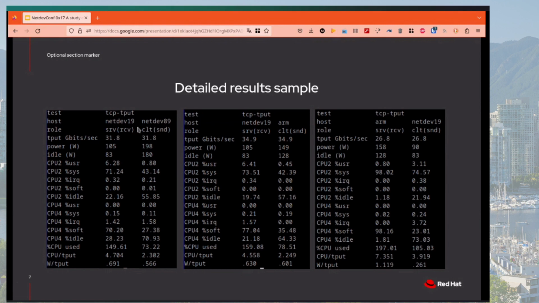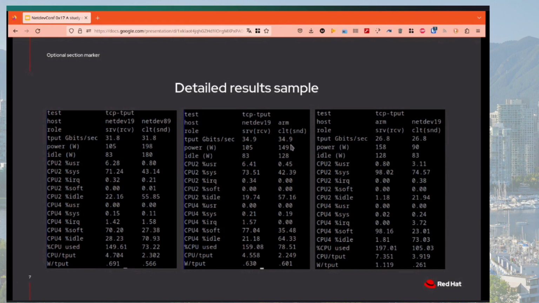Now, if we have the same receiver but switch to the ARM server that is sending traffic, the idle power on this system is lower than our sending one on the previous test, but at the same time it is higher than the Intel one. So it's things to get noted. And a 21 watts increase during the test.